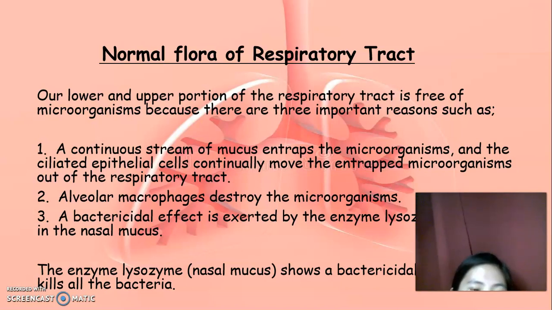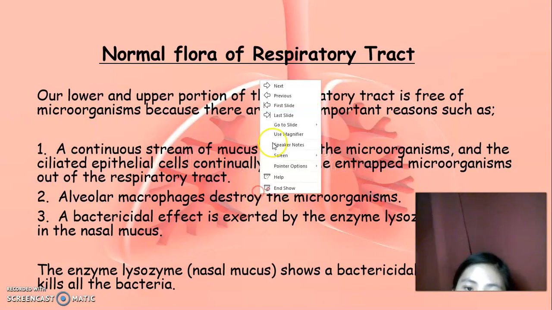Number two is that alveolar macrophages destroy the microorganisms. And number three is the bactericidal effect exerted by the enzyme lysozyme present in the nasal mucus. The enzyme lysozyme shows a bactericidal effect that kills bacteria.